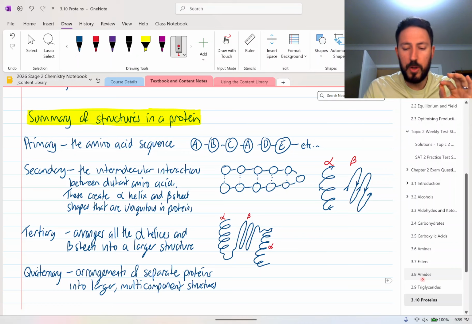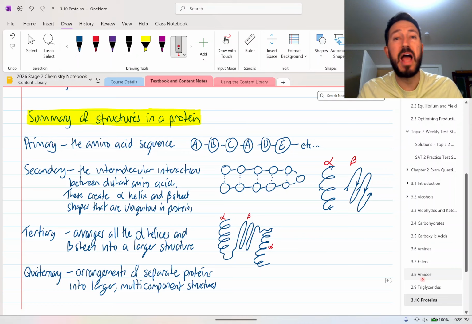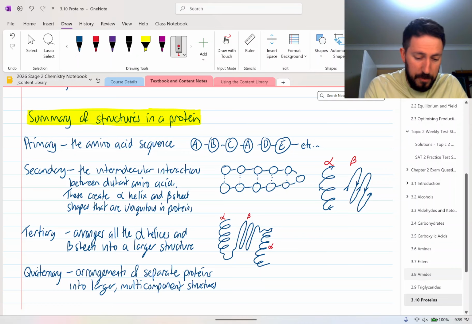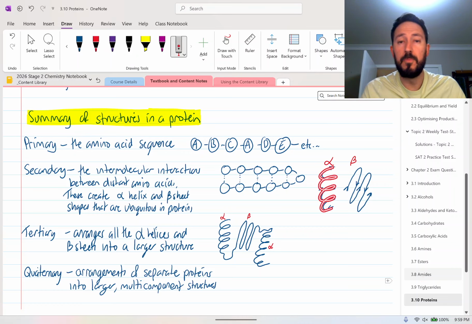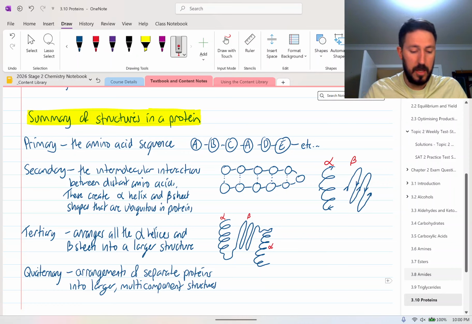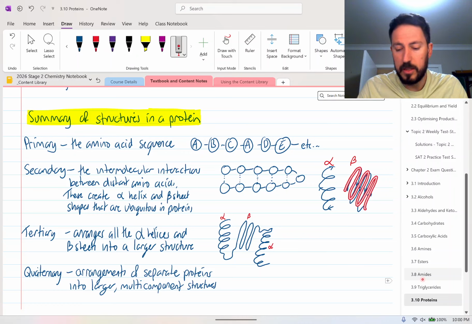Two of the most common shapes are alpha helixes. An alpha helix is like a helix shape, like a spiral. Another shape that is commonly formed is what's called a beta pleated sheet. I didn't actually call it pleated sheet here, but that's what they normally call it, pleated, because it's got a bit of an angle to it. Either way, you'll end up having a sheet of interactions, sort of like that.